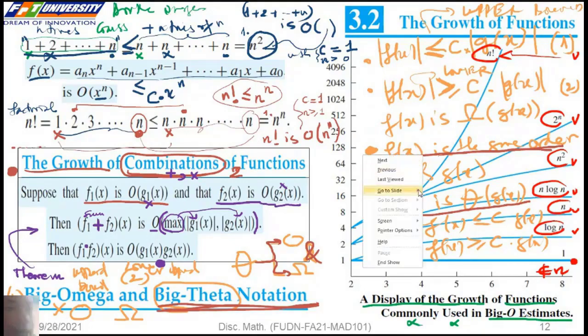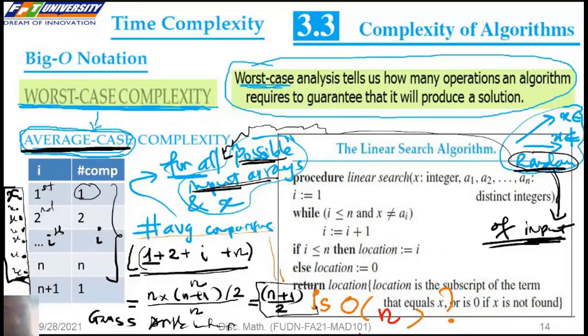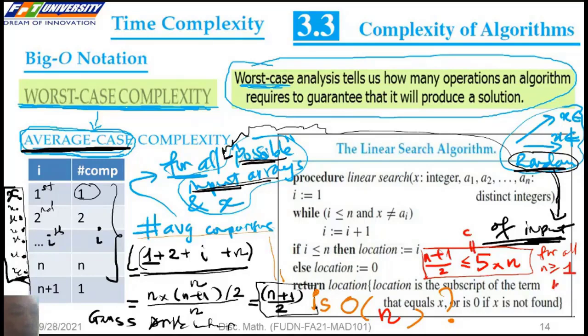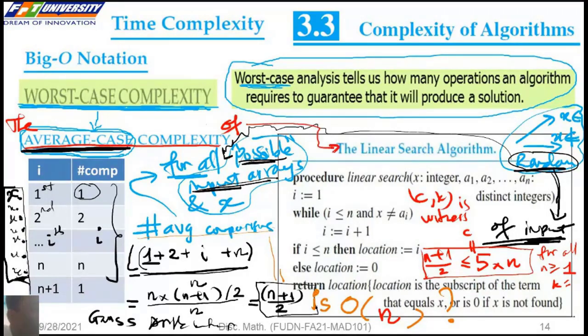Maybe n. Okay, so C is 5 and k is 1. Again, C and k are witnesses. The average complexity of the linear search algorithm is big O of n.